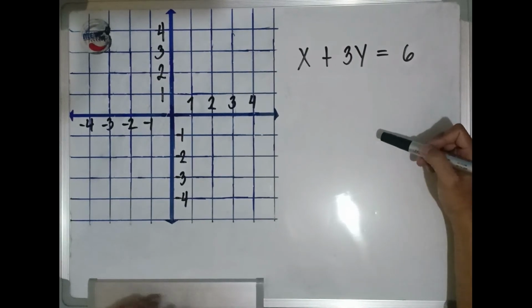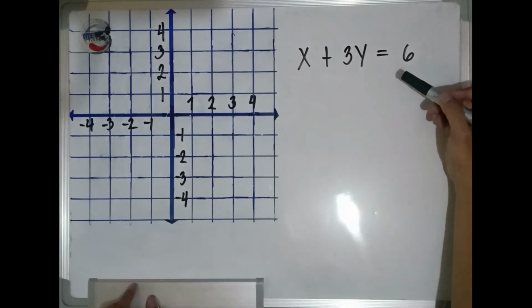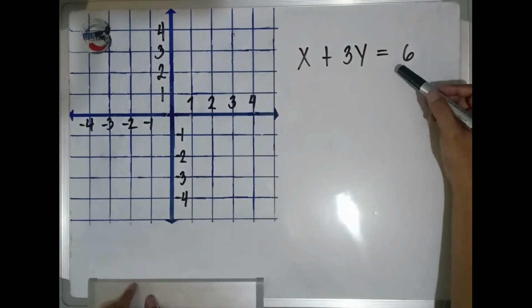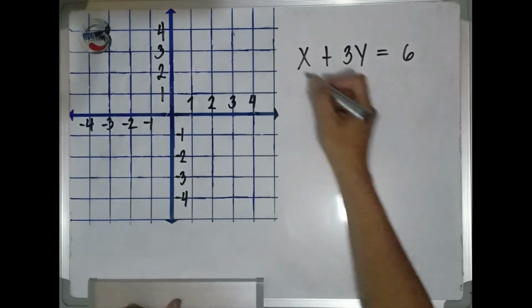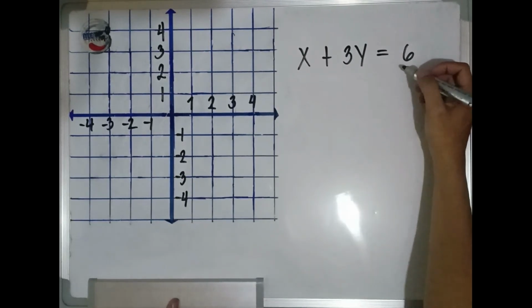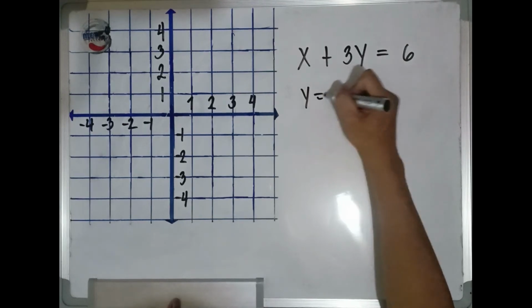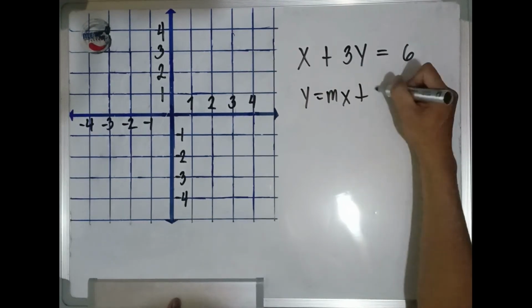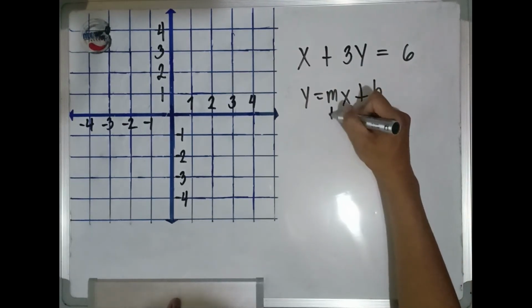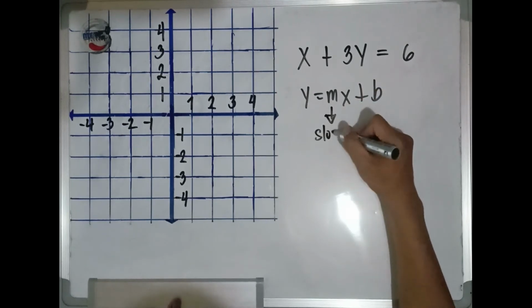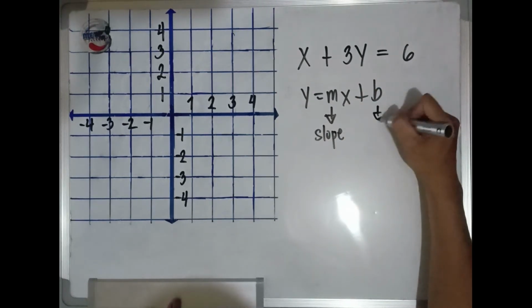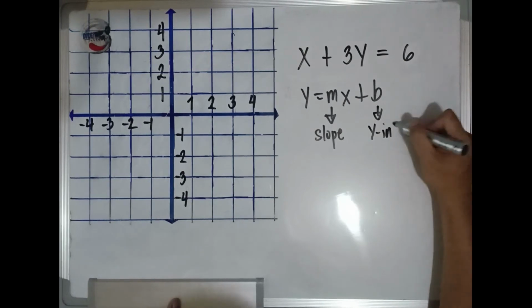Now, let us know how to find the slope and graph this equation. We have to change this equation into the form of y is equal to mx plus b, wherein m is our slope and b is our y-intercept.